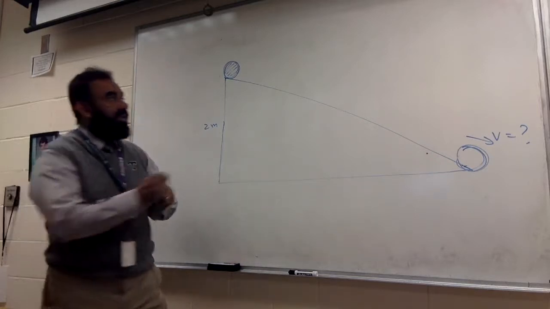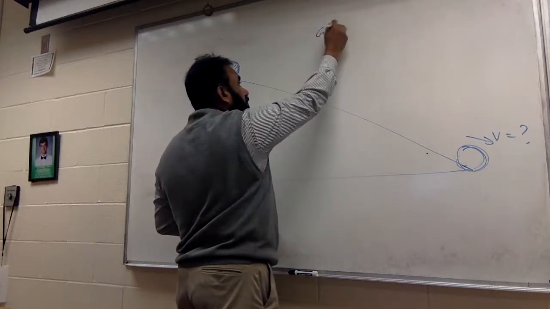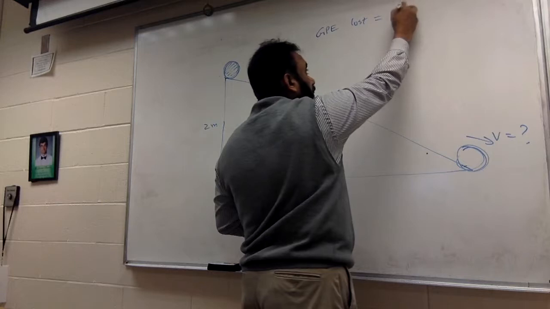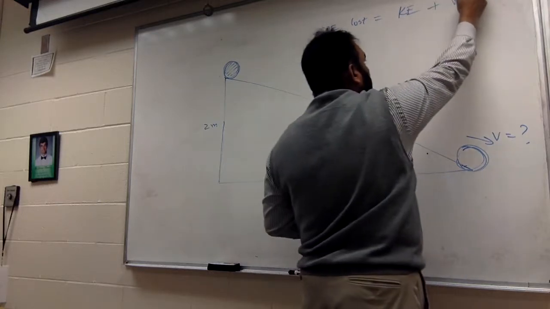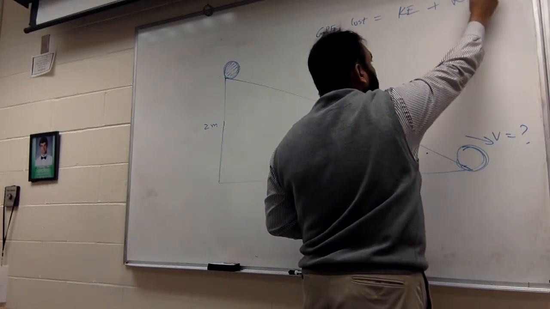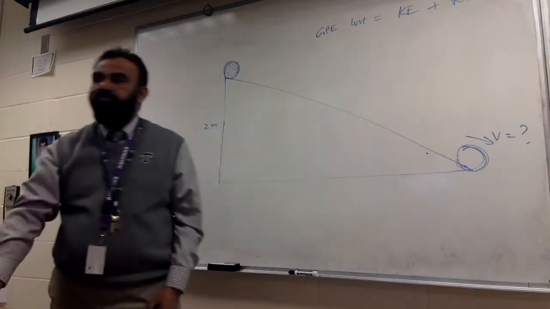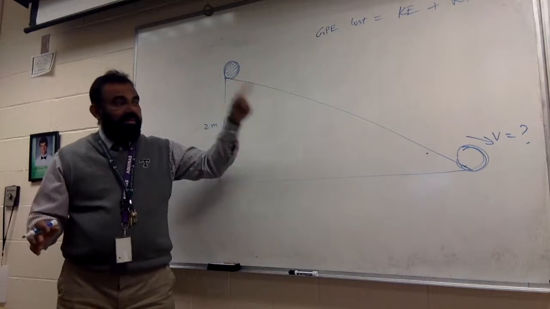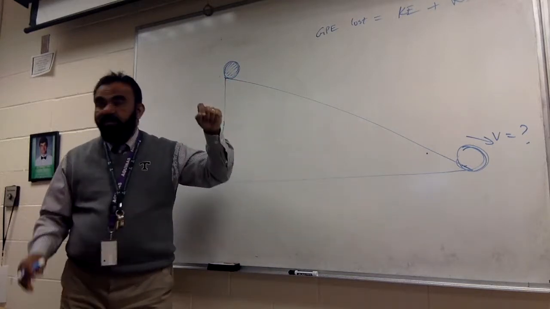It's losing GPE, all right? GPE lost is equal to the kinetic energy plus the rotational kinetic energy gained. It's gaining both. At this point, it is not moving, no speed. At that point, there is a speed.